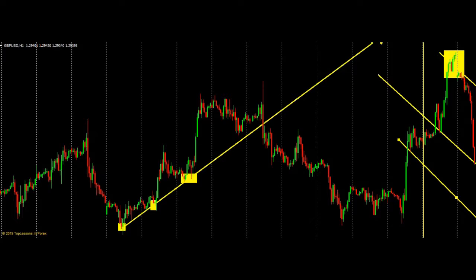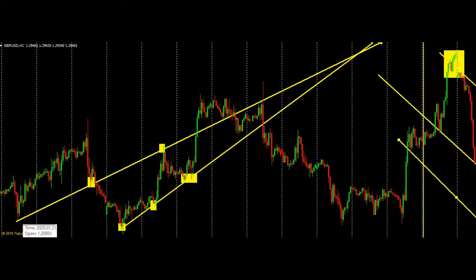But if we touch the high peaks like this with this low peak, this would be an uptrend channel. Okay.